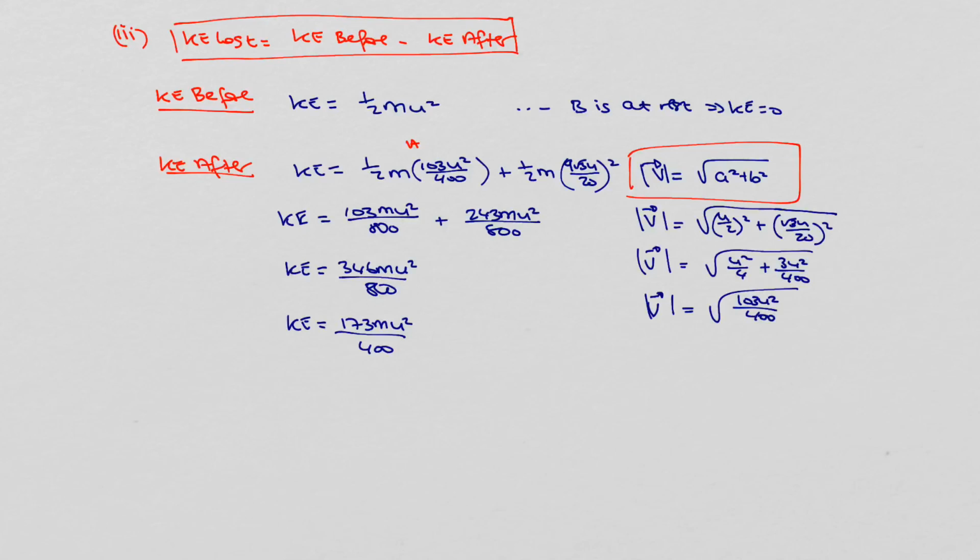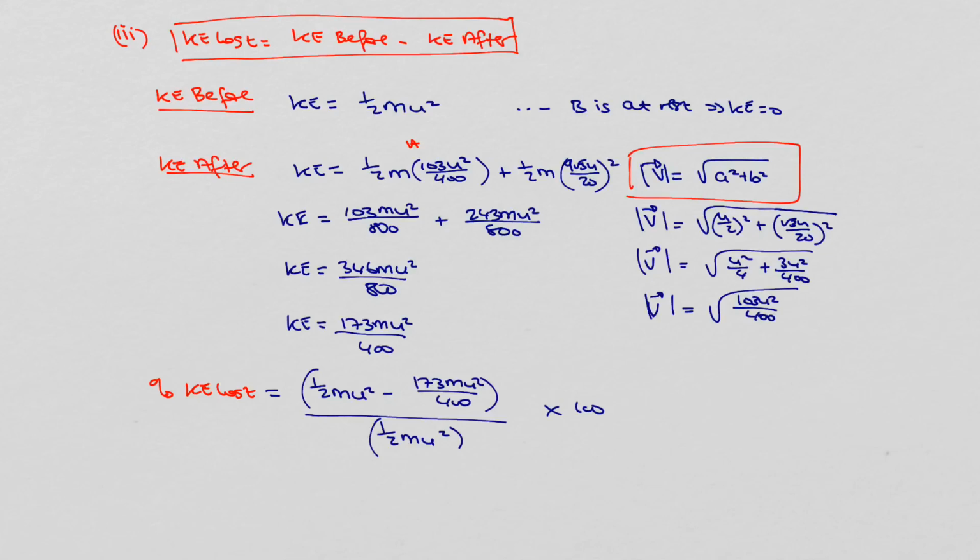Therefore, the percentage kinetic energy lost is going to be the difference between the two. So it's our before minus our after, all over before, and I'm going to multiply that by 100.